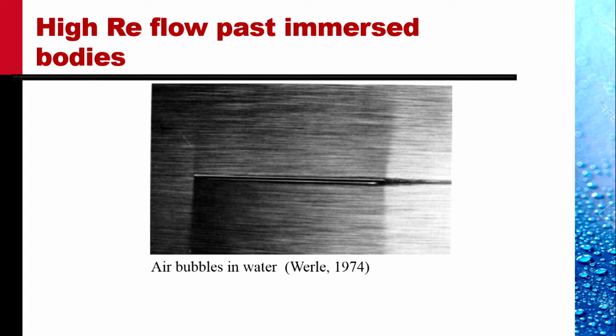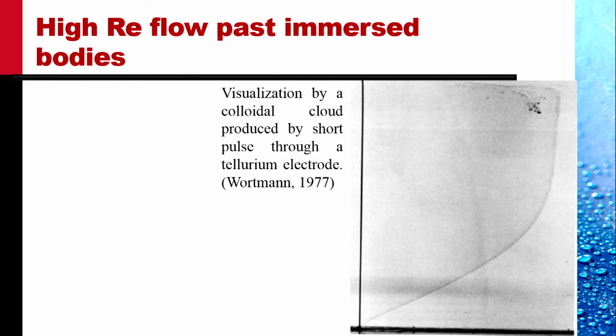This boundary layer has been confirmed visually in this flow visualization with the air bubbles in water about a flat plate. You can see this region where the bubbles are not passing through, showing a boundary layer. In this experiment of 1970, Wortmann introduced a tellurium electrode.